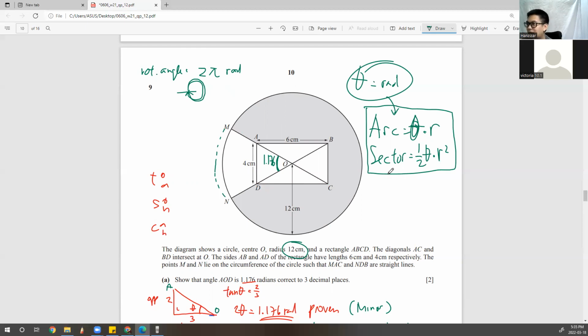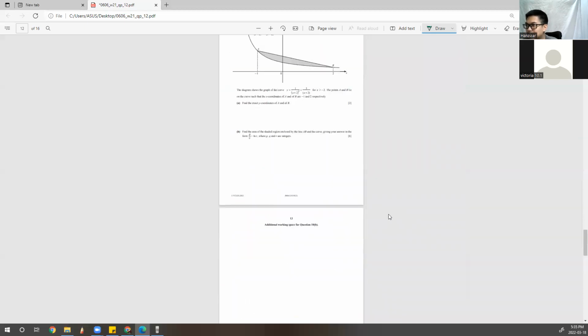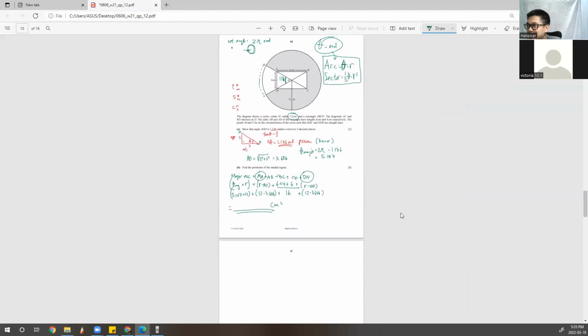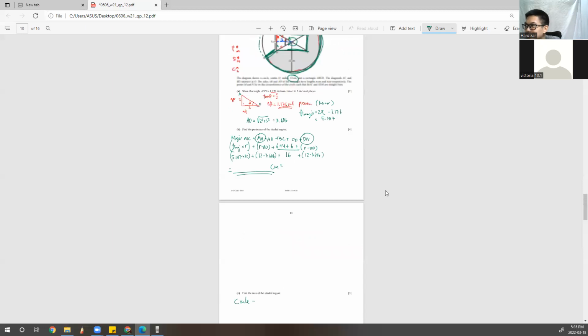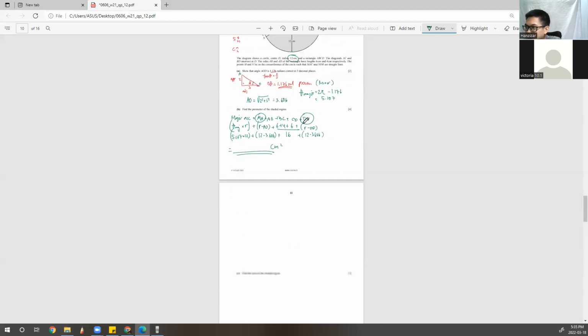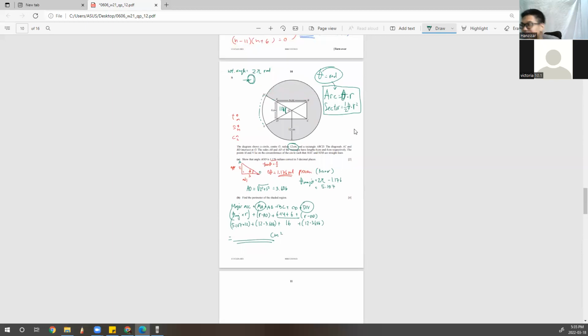Okay, now how to find the shaded area? So the area of the shaded region is the circle, subtract sector OMN, write down. Subtract 3 triangles, right?